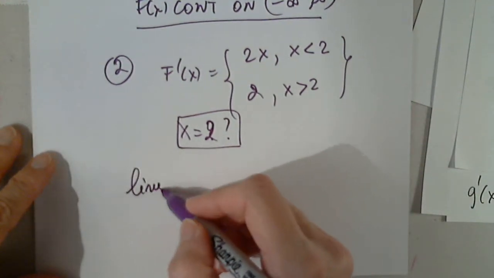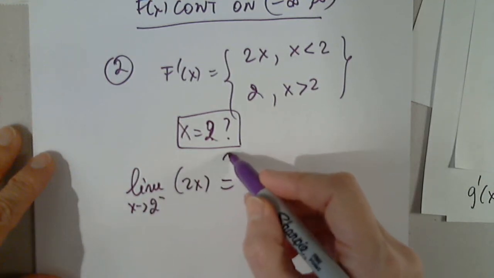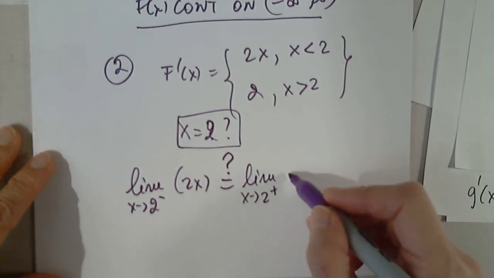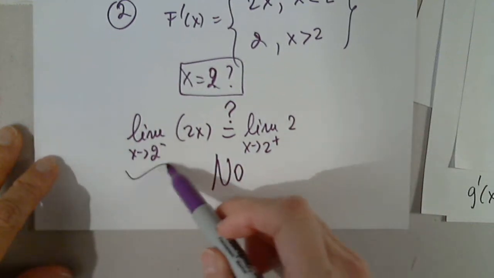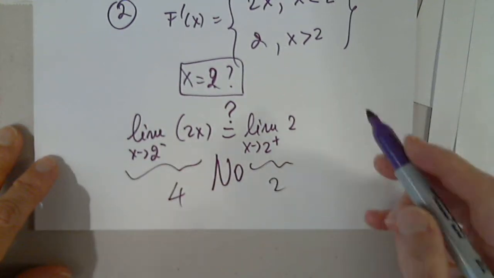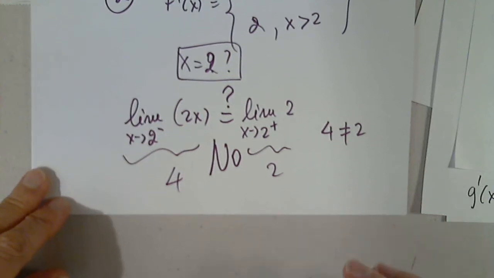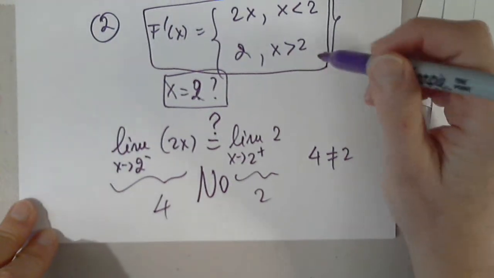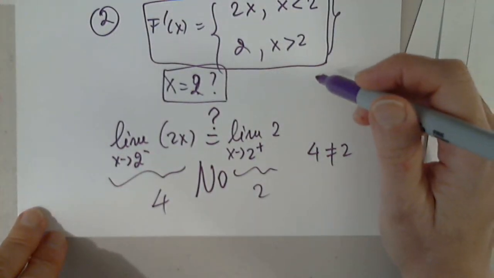So I look at the limit as x approaches 2 from the left of 2x. Does this equal the limit as x approaches 2 from the right of 2? The answer is no, because this limit is 4 and this limit is 2, and 4 does not equal 2. So we conclude the function is not differentiable at 2. The original function is differentiable, but not at 2.